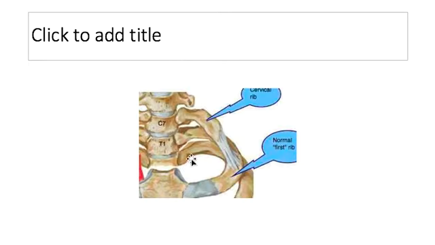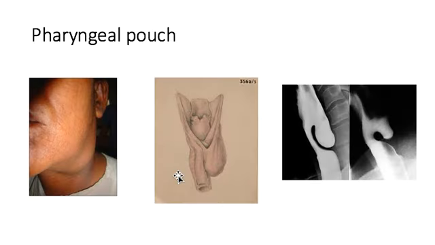So this is your cervical rib and pharyngeal pouch. It's a very rare condition, and most of the time they come with the GI symptoms of it, and contrast studies will actually confirm.